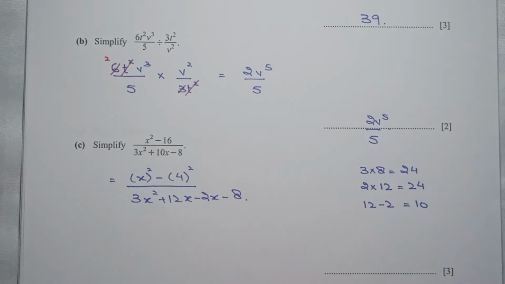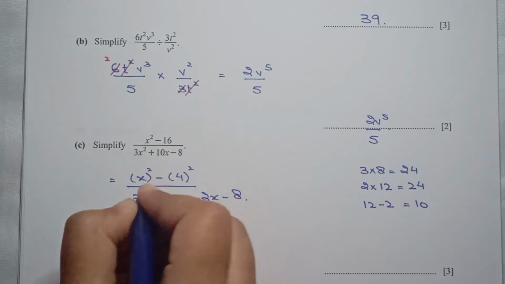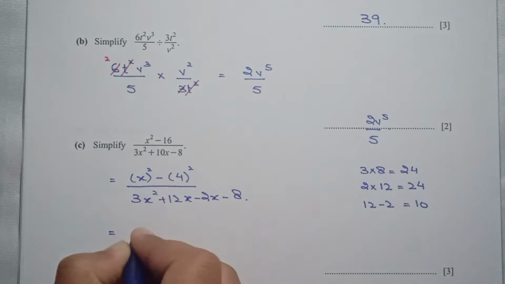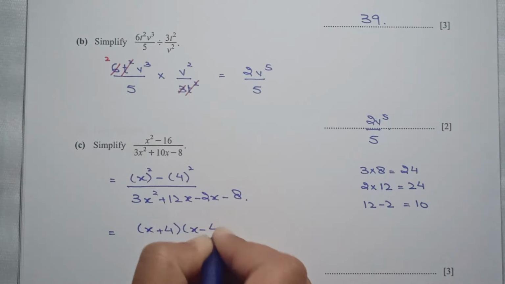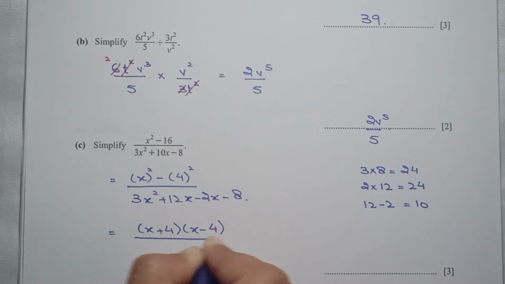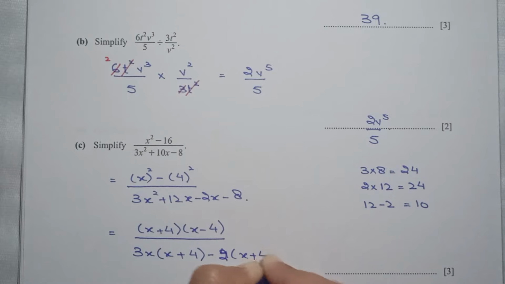Okay, let me factorize it. So in the numerator we are going to use the formula of a square minus b square, that is a plus b into a minus b. And for the denominator we have 3x common. We are left with x plus 4. Negative 2 is common. We have x plus 4.